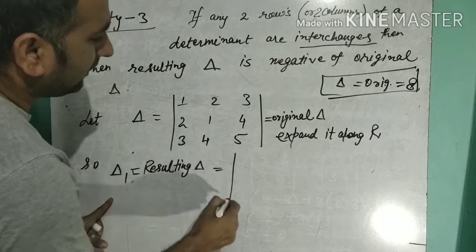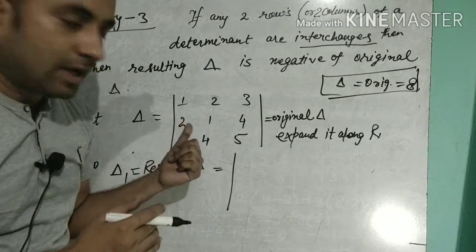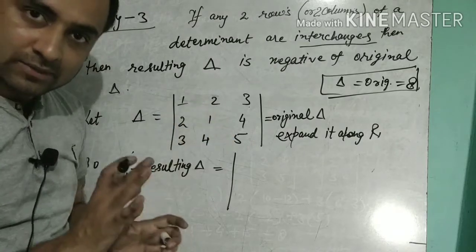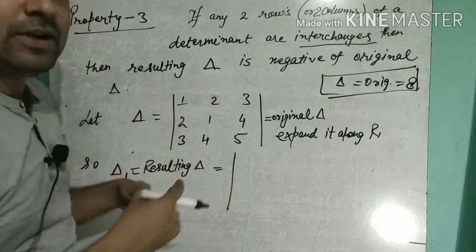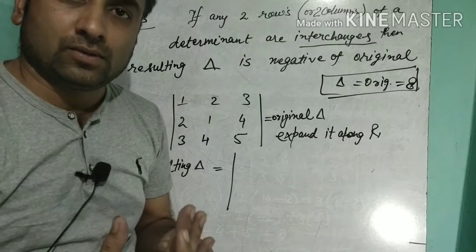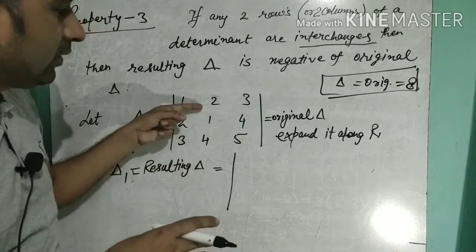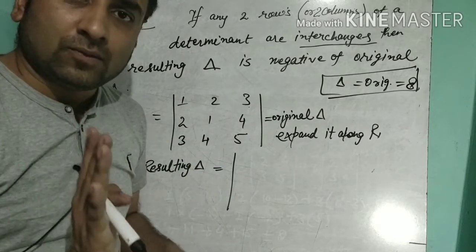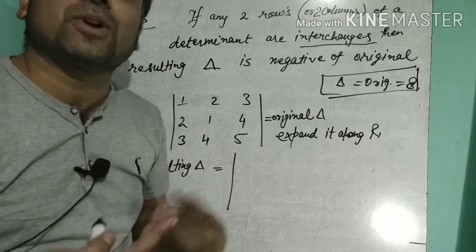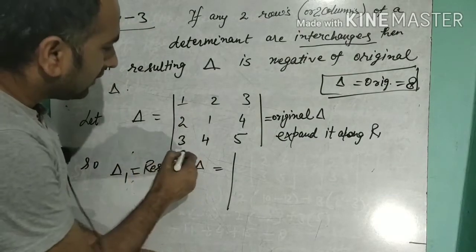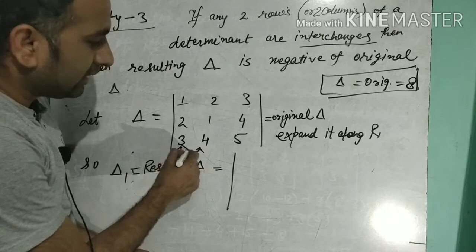And now what are the effects? I am interchanging the first column with the second column actually. It's your supposition; if you want to interchange any 2 rows or any 2 columns, it depends on you. Whatever you decide to take. So I am just taking these 2 columns and I will interchange them.